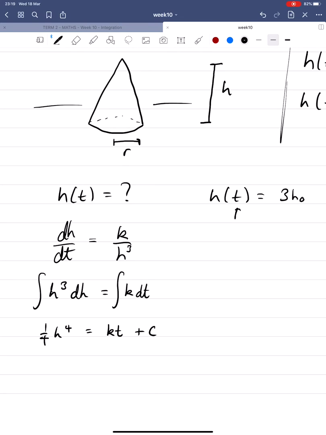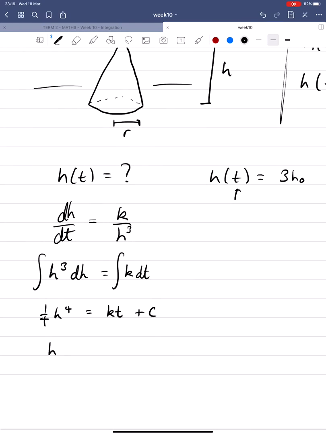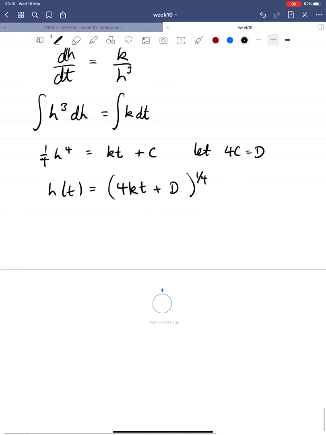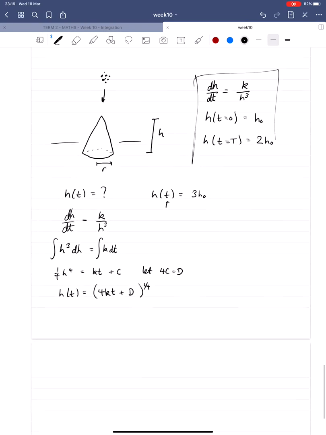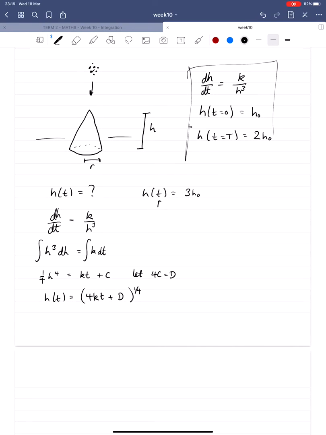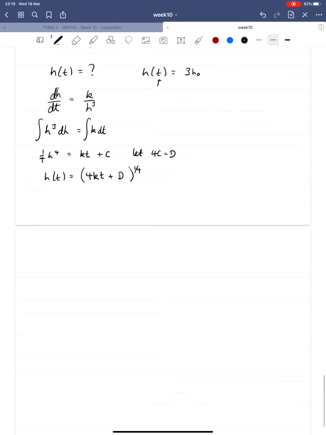Okay, nice. This looks pretty much like our equation. That means that h of t is equal to 4kt plus, let 4c equal d, add d, and then raised to the 1/4 power. So that's our equation. That's our function h of t. And we know that when t is 0, h is equal to h0.